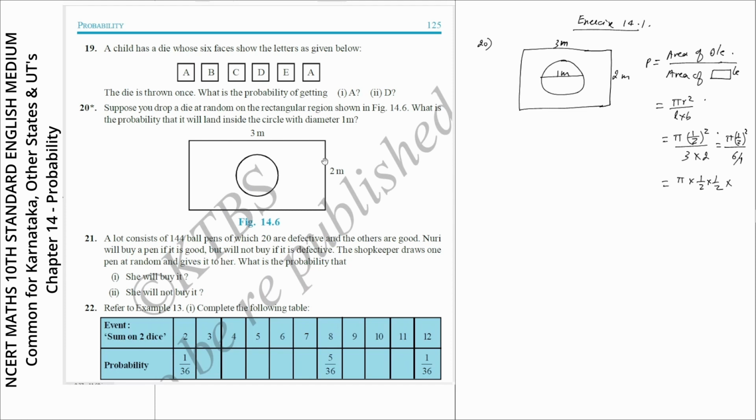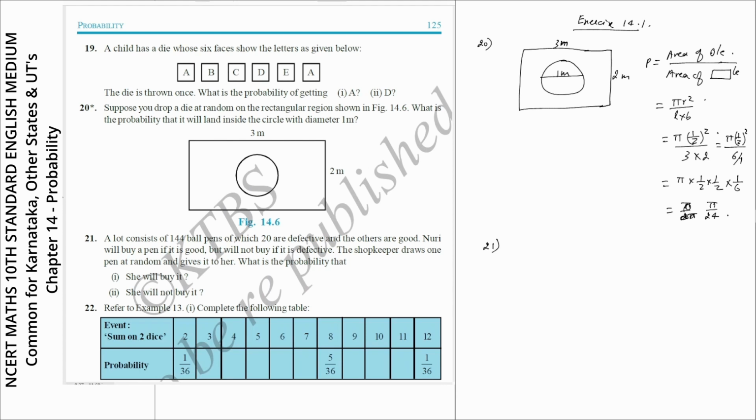Now I can take it to the numerator, 6 by 1 becomes 1 by 6. Now 4 6s are 24, so pi by 24 is the answer. The probability that the dice thrown will fall on the circle is pi by 24.